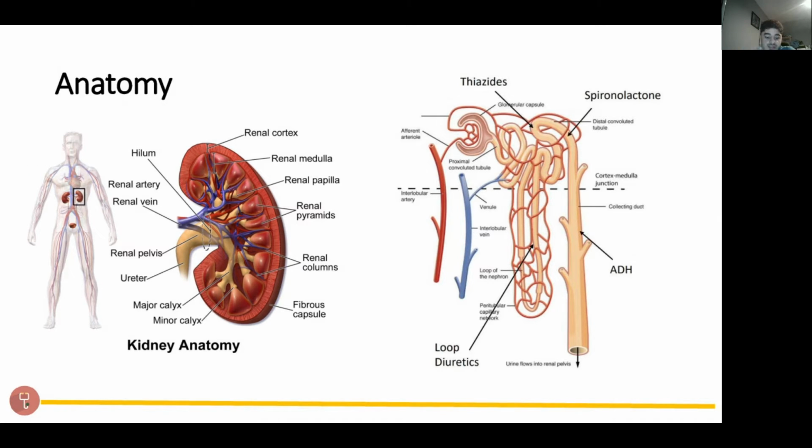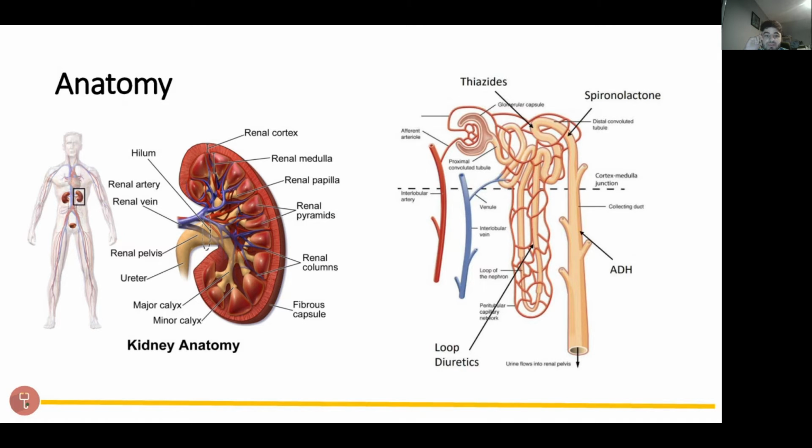In the early part of the distal collecting tubule, that's where thiazides work. The later part is the spironolactone. The thiazides work on the sodium chloride channel, and this causes increased potassium excretion as well. Later on, through the sodium potassium channels, we have spironolactone or other mineralocorticoid receptor antagonists.